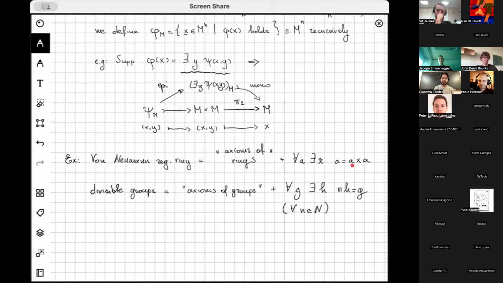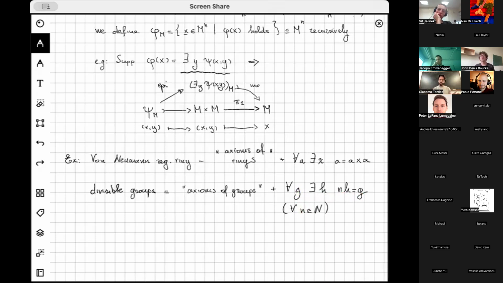So for each A, there is X, A equal AXA, or even divisible groups, where again, you have a certain batch of equations saying that something is a group, plus the existential quantification saying that it's divisible. So for any G, there is a fixed N. For any G, I can divide G by N. So there exists H and nH equal G.